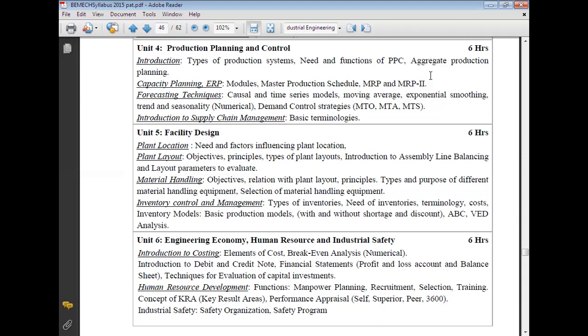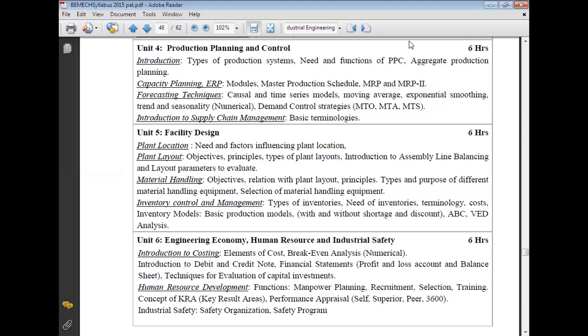Then plant layout. What are the objectives, principles of plant layout? What are the different types of plant layouts that we will be seeing? Then introduction to the assembly line balancing and layout parameters to evaluate that we will be seeing.